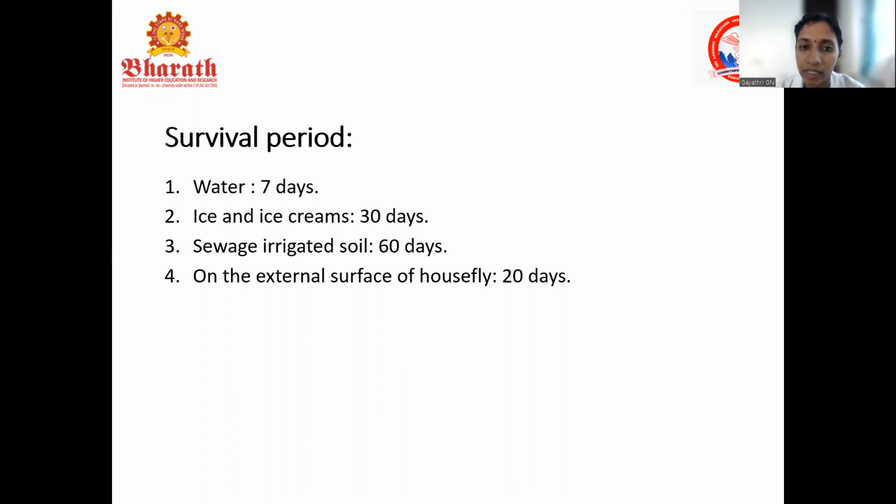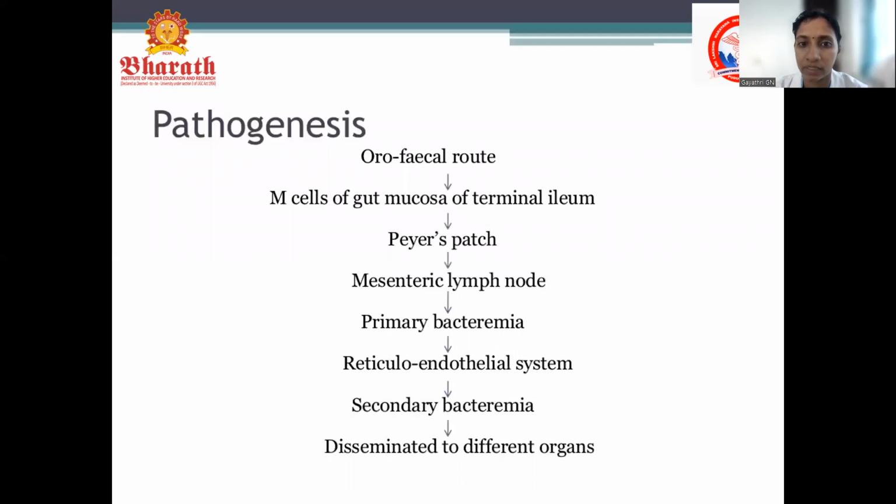So we have to be very, very careful since any loophole in the chain of spread can lead to infections. So we have to know about this infection and how we can treat it, how we can manage it, and how we can prevent it.